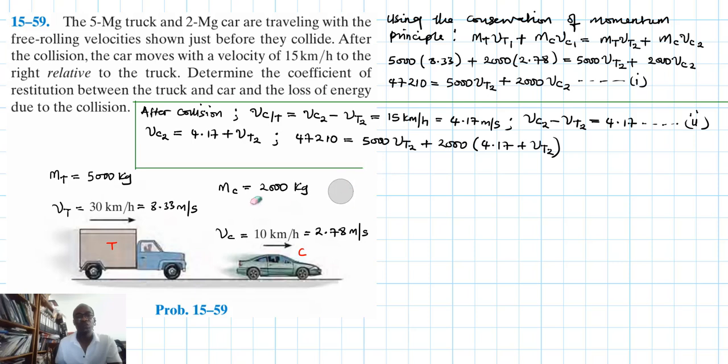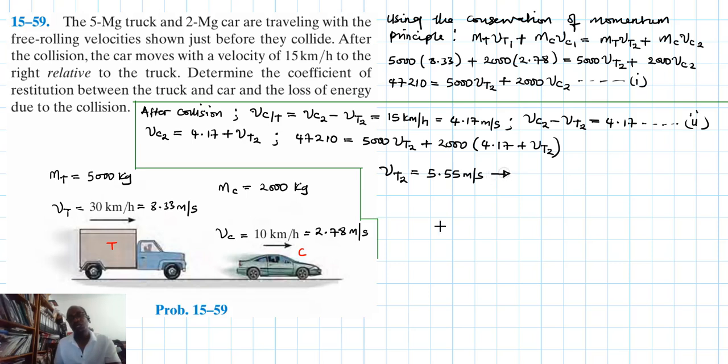Working this out, you can use your calculator directly: VT2 equals 47,210 minus 2,000 by 4.17, divided by 5,000 plus 2,000, which is 7,000. This gives us 5.55 meters per second.